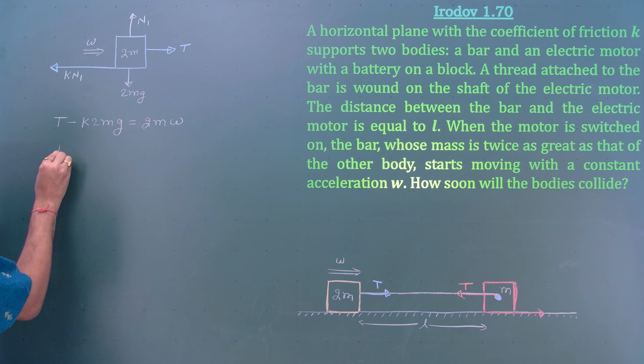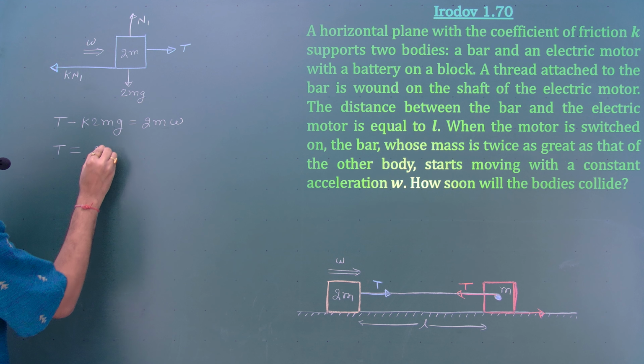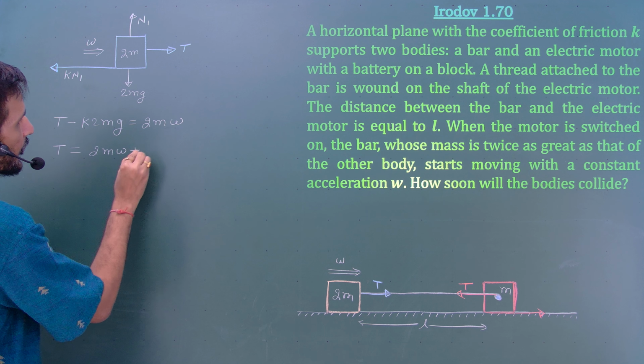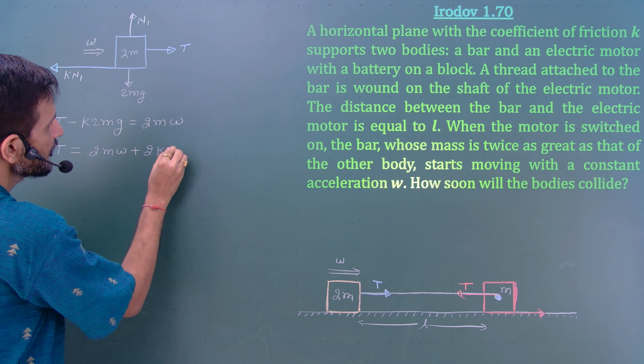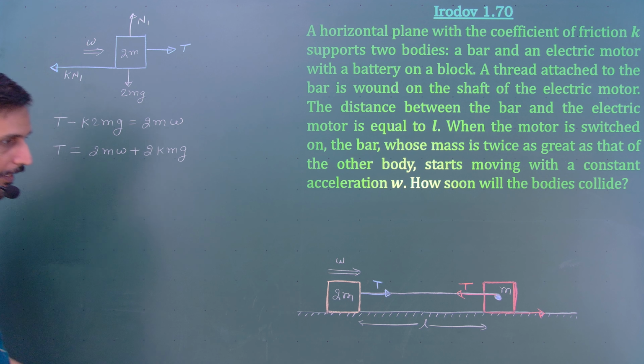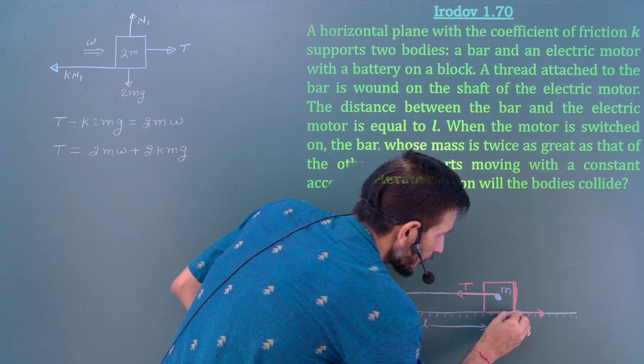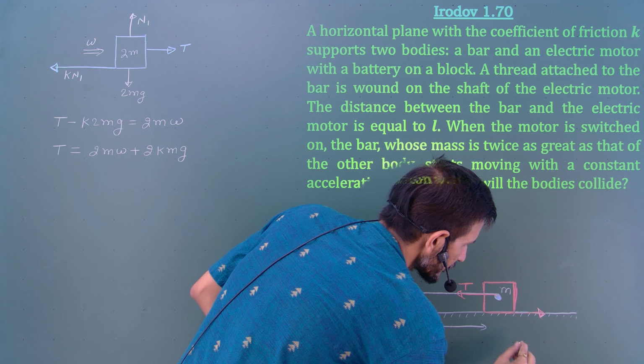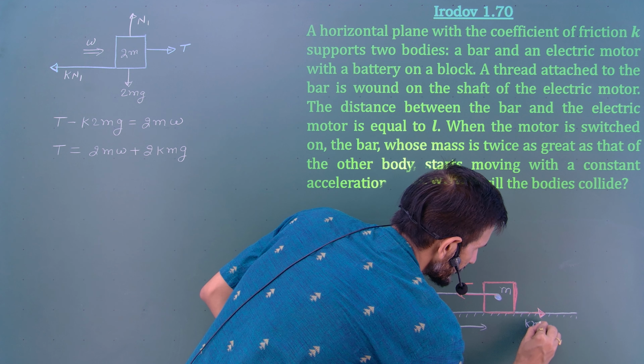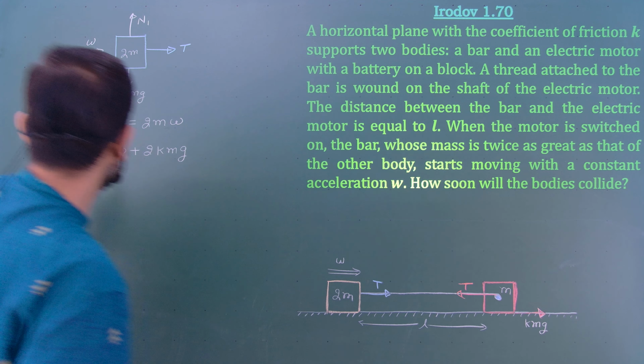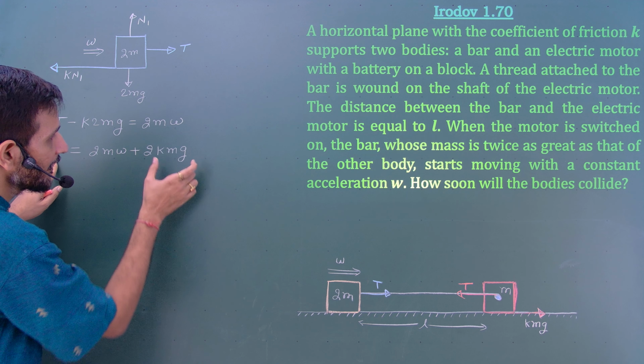This equation says that tension T should be equal to 2mW plus 2kmg, and the value of maximum friction force here is kmg, and the tension T is greater than this kmg.